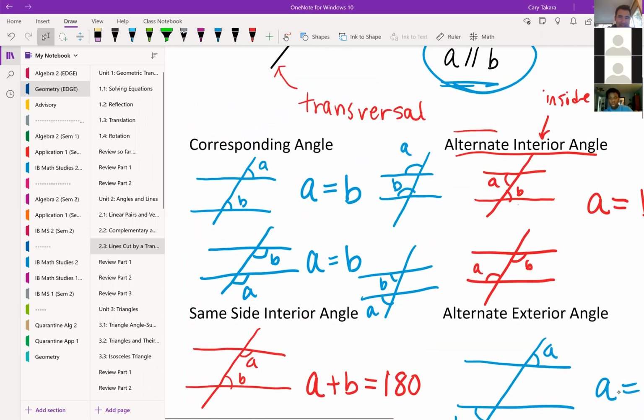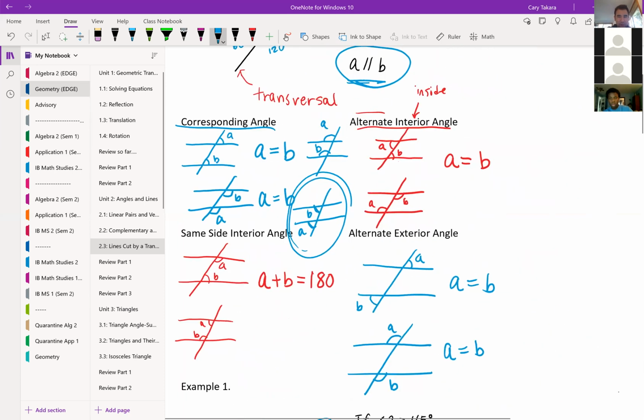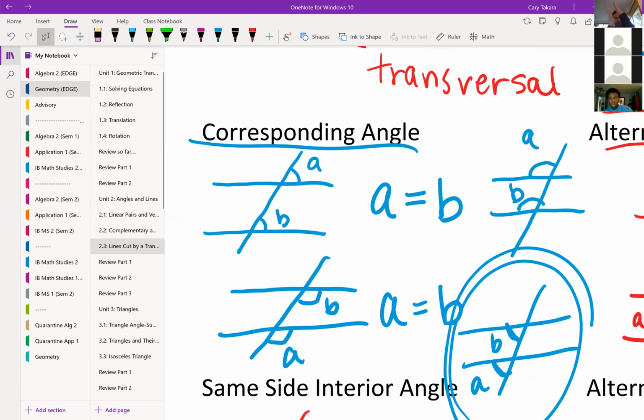Now, isn't it this one right here? One is outside, one is inside, and that is actually called corresponding angles. Would you agree with that, everybody? Corresponding angles are always on the same side of the line, and one is outside the two lines and one is inside, far apart. This is corresponding angles.